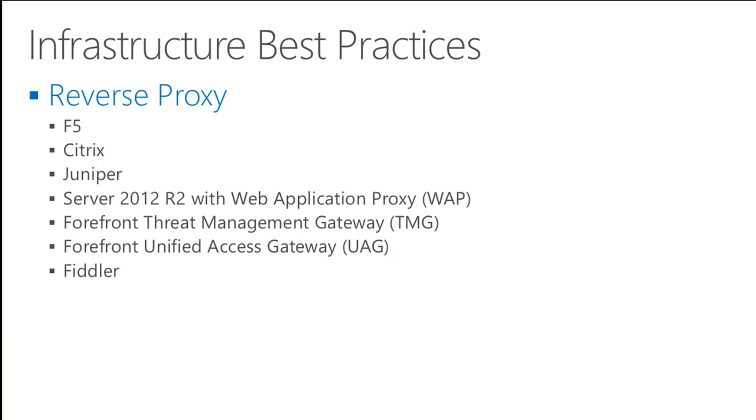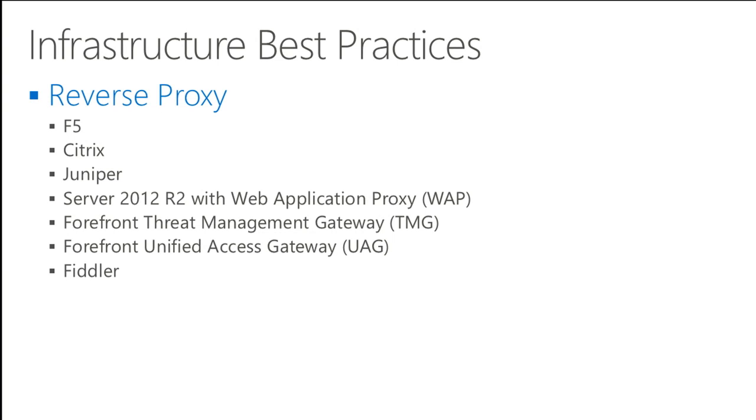Microsoft has three options that I've listed here. We have 2012 R2 with WAP, we have Forefront TMG, and then we have Forefront UAG. The recommended best practice when you're setting up reverse proxy is to use Server 2012 R2 with WAP.